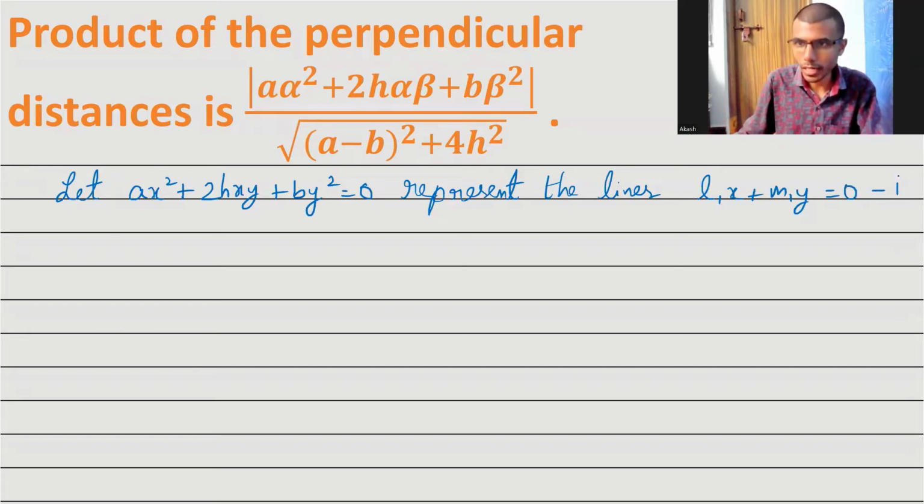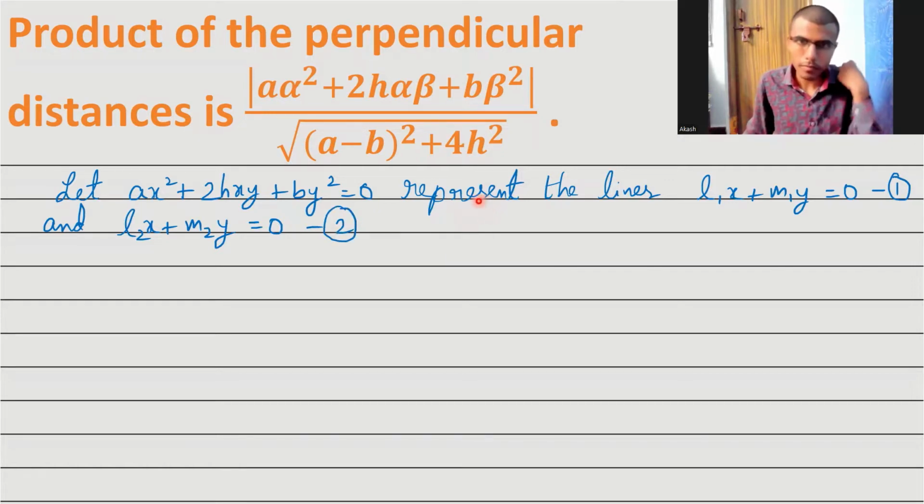This I'm going to mark as 1, and L2x plus M2y is equal to 0. This I'm going to mark as 2. Now these are my two lines.